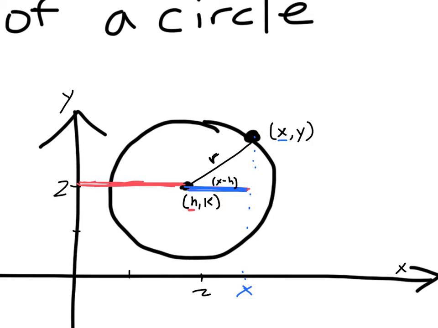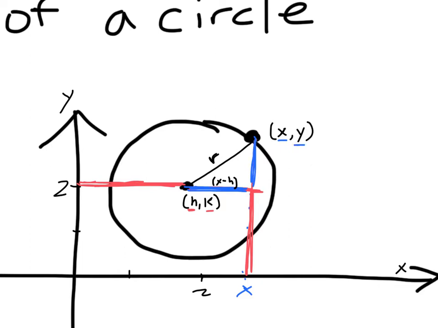Then on the other side, there's this height here. This height to get to this point and stop there is k, and then to go a little further, it goes all the way up to y.